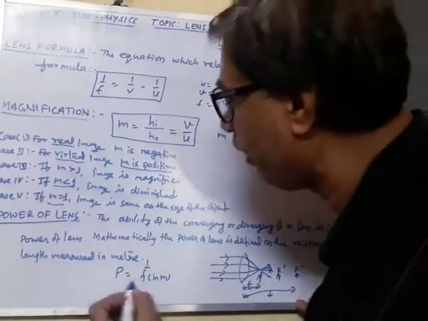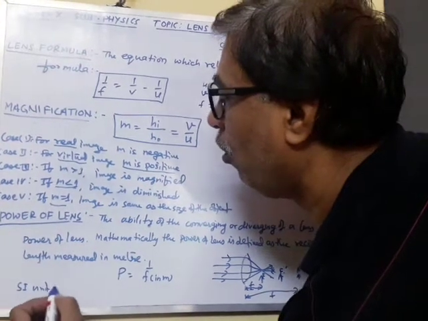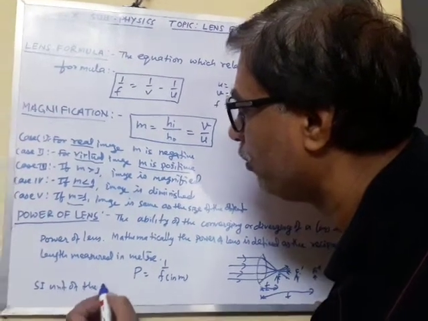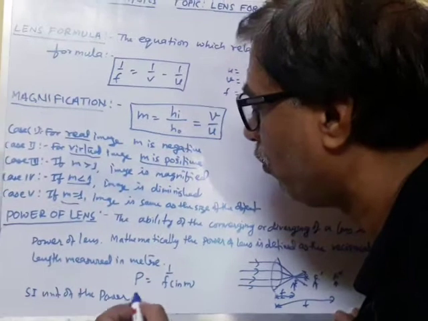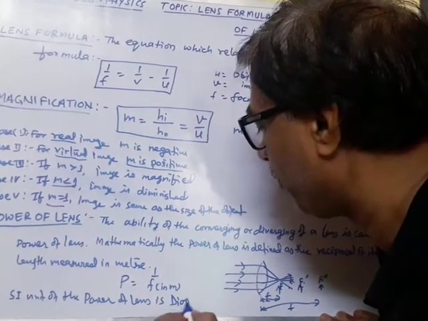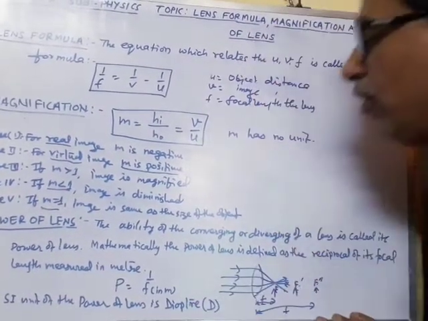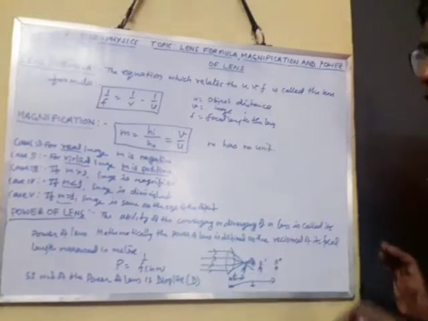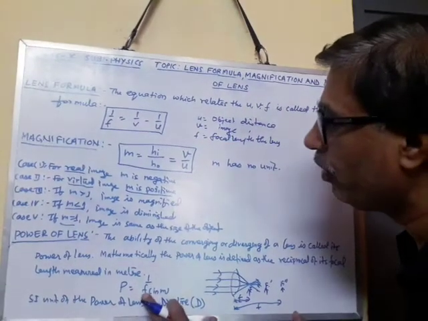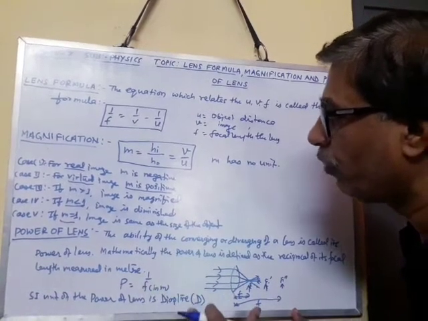The SI unit of power of a lens is diopter. It is symbolized as D. How can we define diopter? If the focal length is 1 meter, then what will be the power? Power will be 1 diopter.